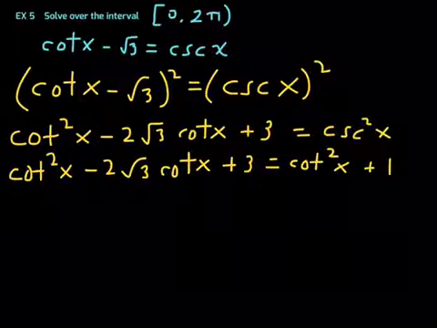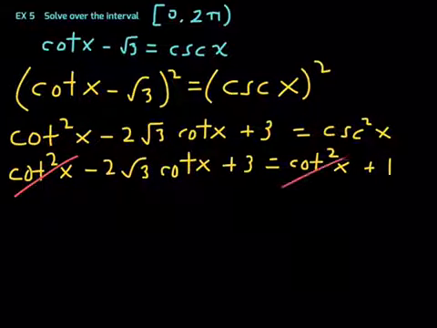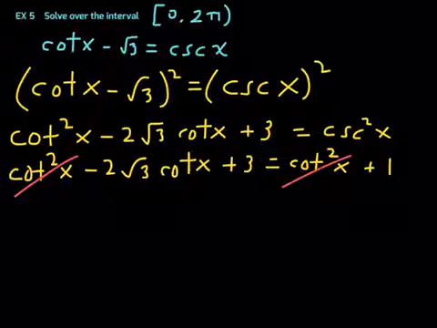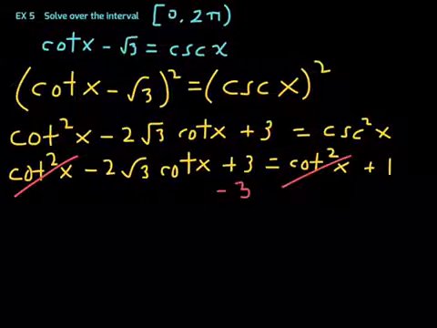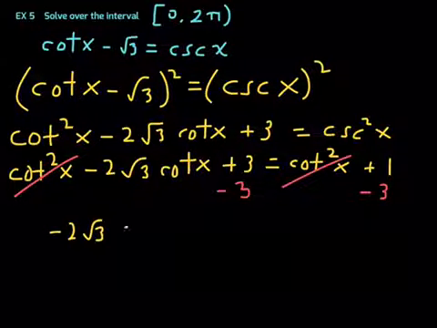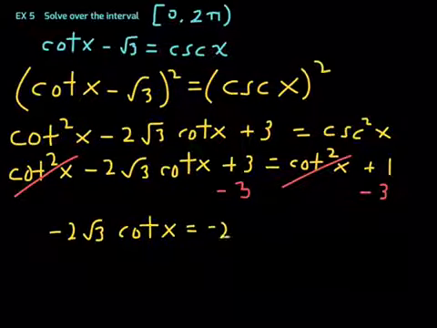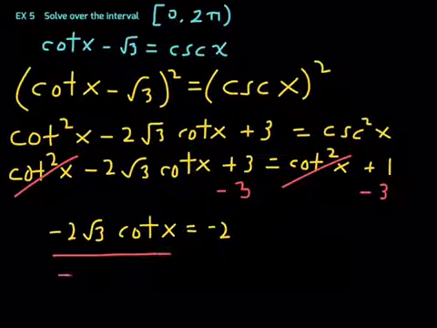This is cool because what this allows us to do at this point is cotangent squared of x and cotangent squared of x cancel. And now, you know what we should do? We should subtract 3 from both sides. That would leave us with negative 2 root 3 cotangent of x is equal to negative 2. Let's divide both sides by negative 2 root 3.